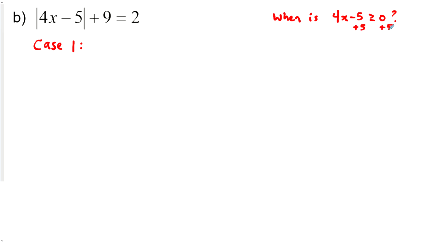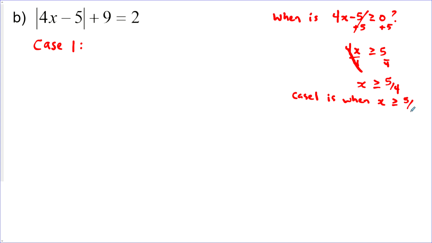We get 4x is greater than or equal to 5, divide by 4, and we get x is greater than or equal to 5 over 4.